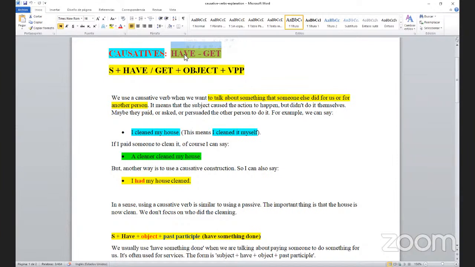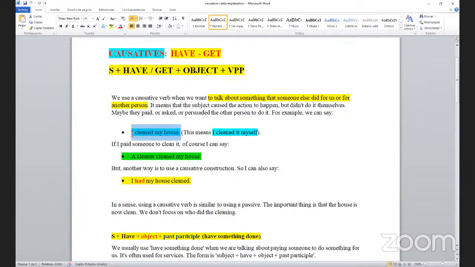You didn't do it, but another person did this action for you. For example, if we do some action alone, it is like I cleaned my house in past.